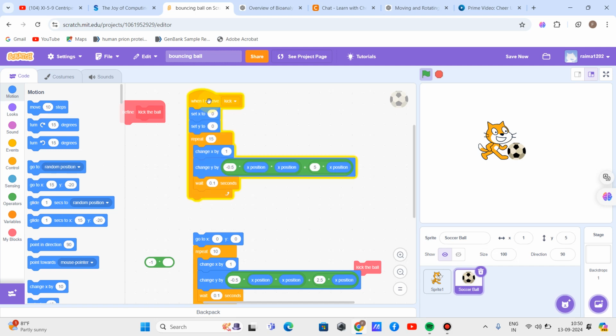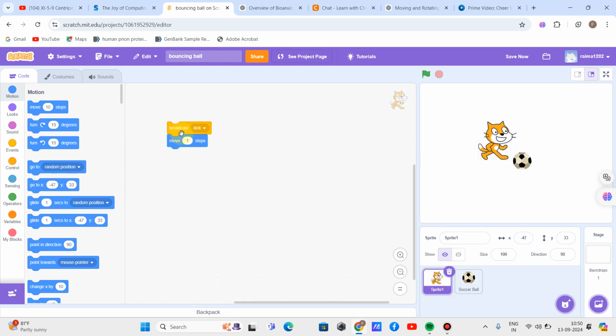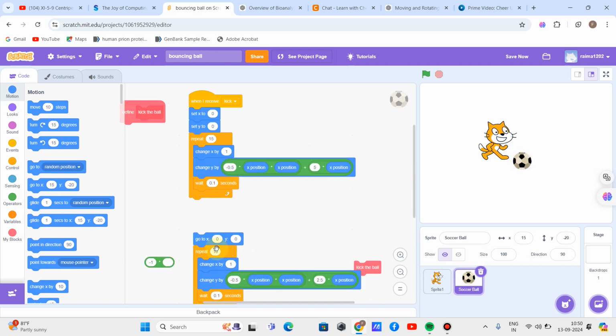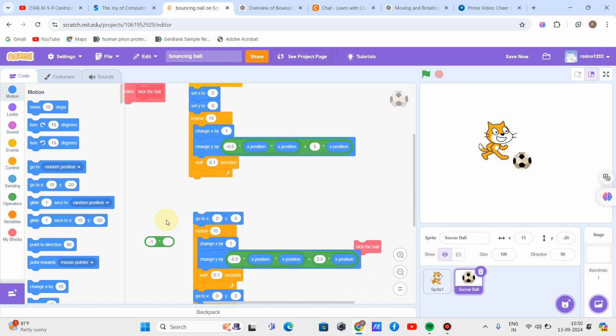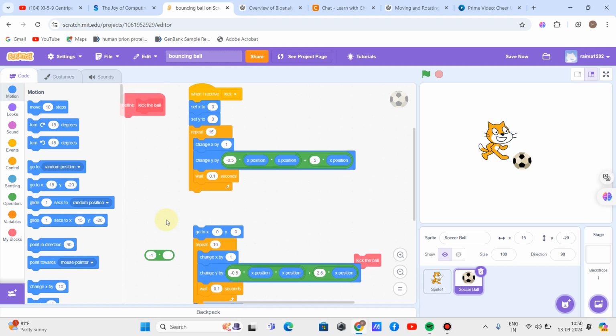So when I click it, I see only the ball moving out. But actually, I made the simulation so that the cat will kick the ball and then the ball will move this way. So why did I use the repeat loop here for 15?